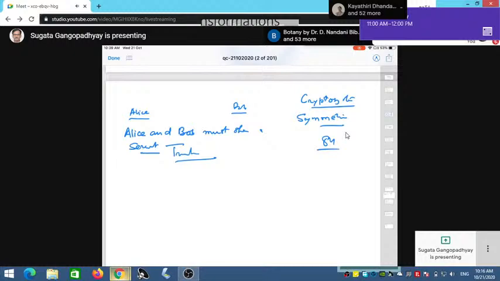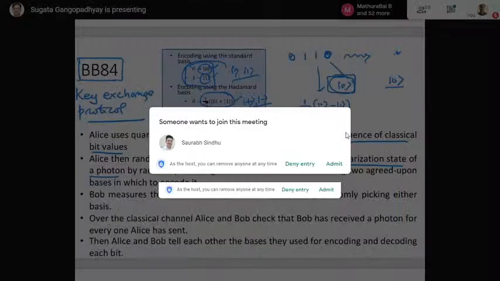But if it is different, let us say that Bob is measuring by using plus 1 and minus 1, then Bob will get plus with 50% chance and minus with 50% chance. So 50% chance Bob will assume that Alice has sent 0, and the other 50% it is 1.